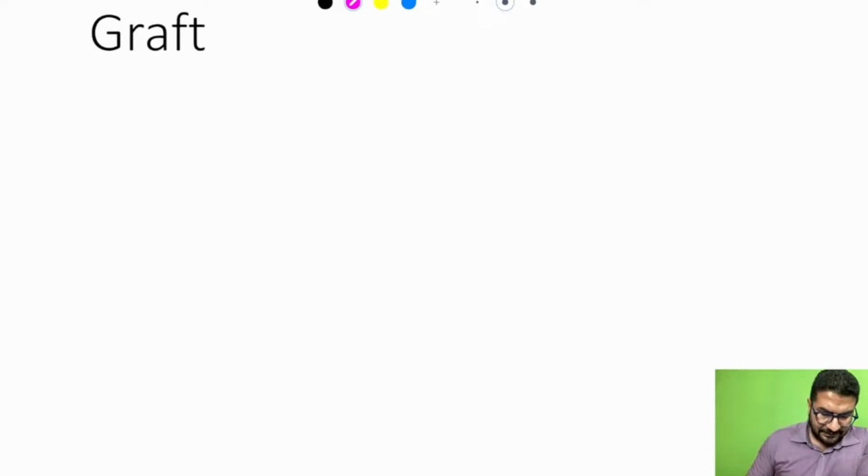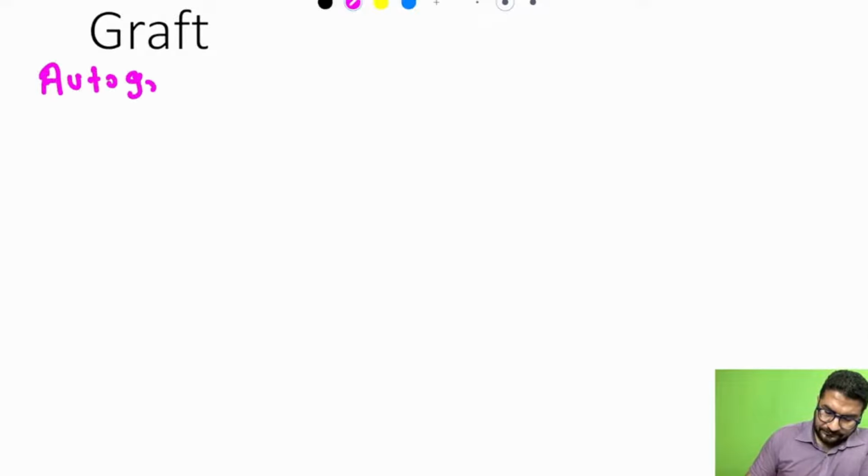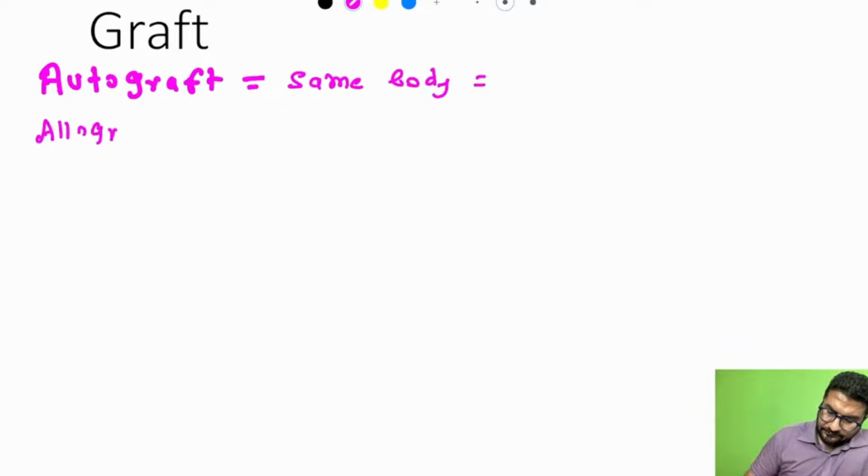तो पहले graft की बात कर लेते हैं. I told you we have autograft. Autograft means within the same body. Then we have allograft, between the same species. This is actually the most common type of graft.